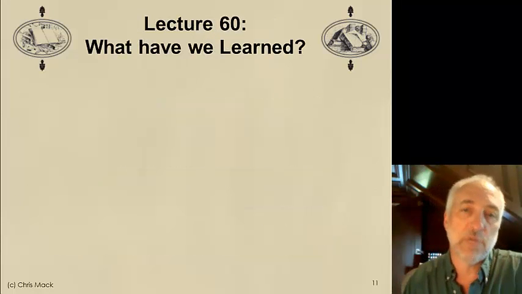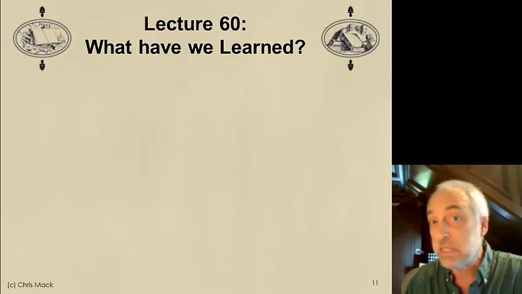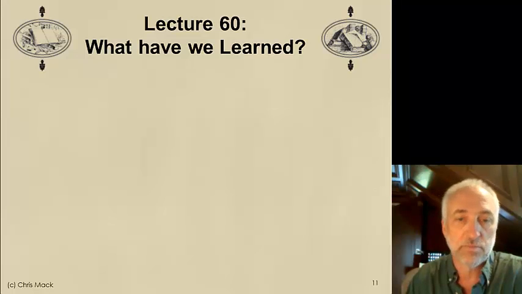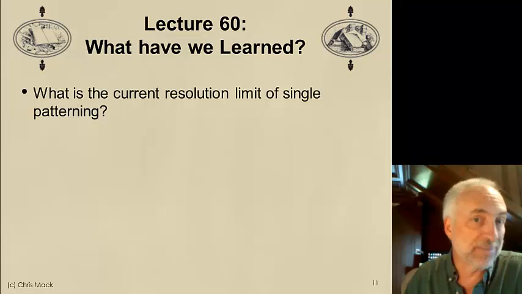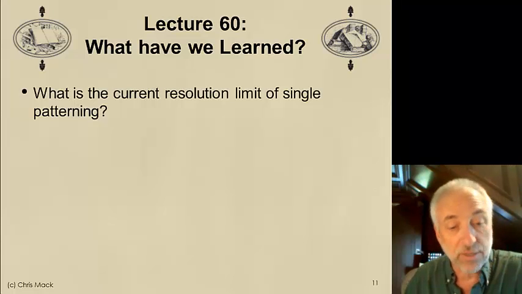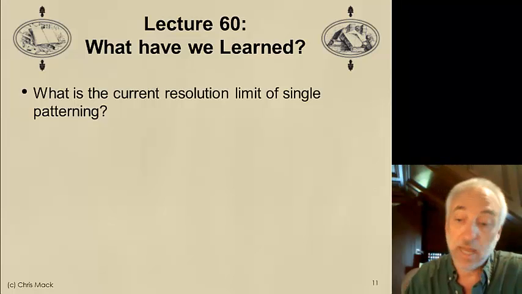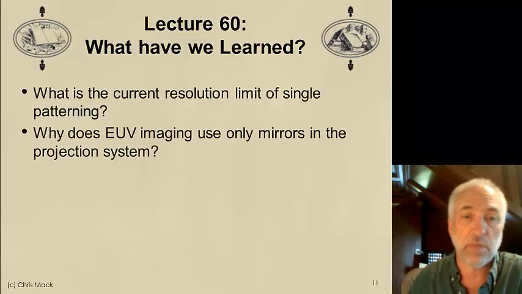So what have we learned about EUV lithography? As always, you should be able to quickly and easily answer these questions. If not, go back and review the material. What is the current resolution limit of single patterning with 193 lithography? As you know, the reason we're developing EUV lithography is because of this resolution limit.